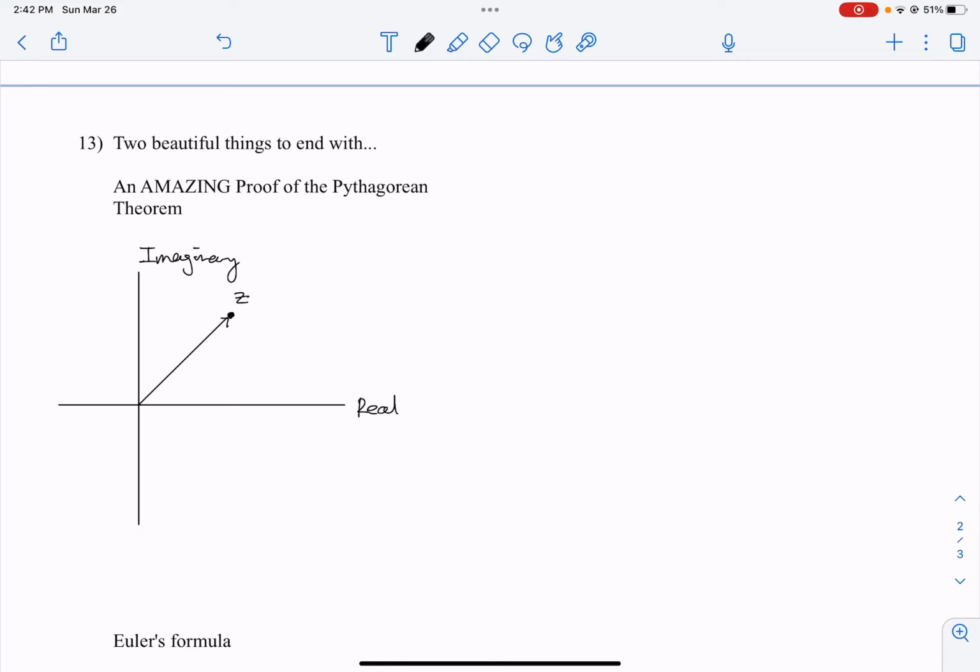You can't multiply vectors. Let's say z has coordinates a plus bi. As far as complex numbers go, the a is your real component, so this is a, and the b is your imaginary component. This is b.